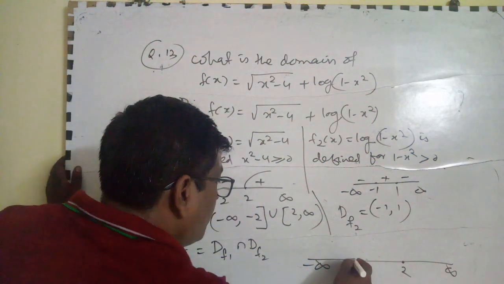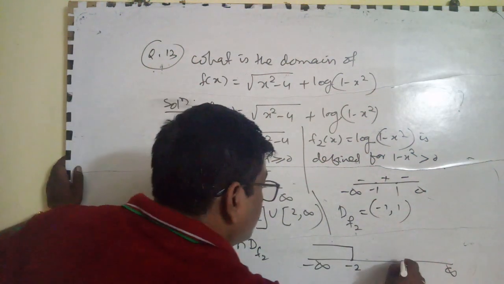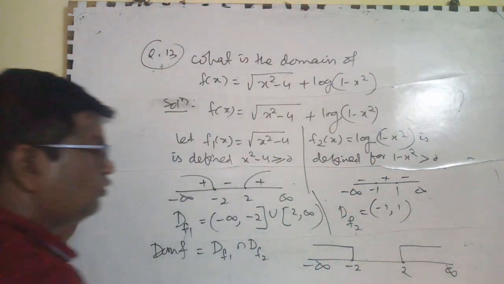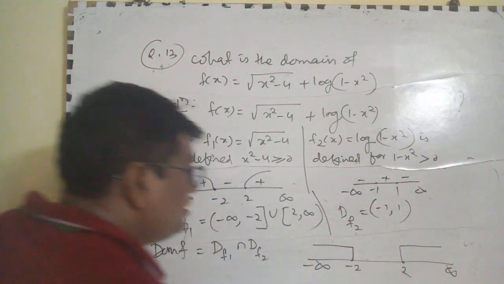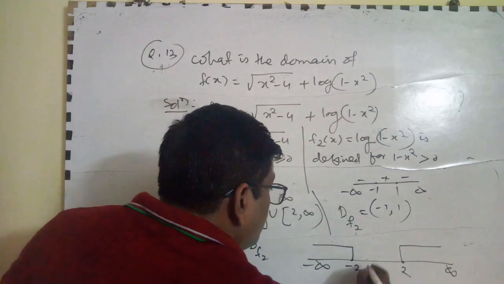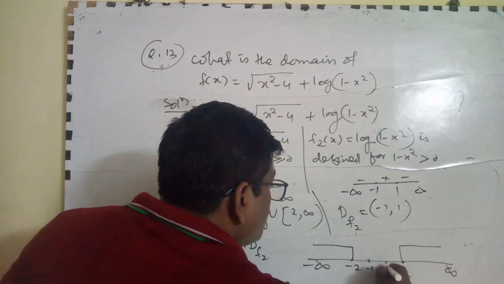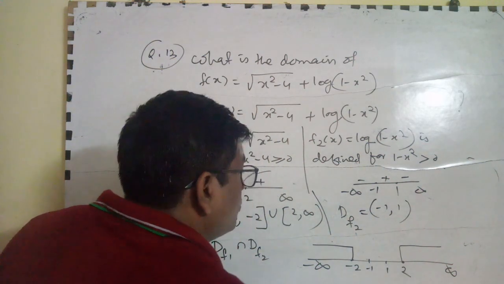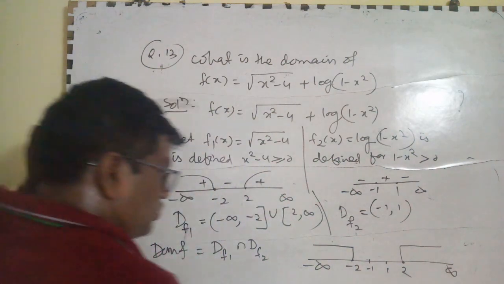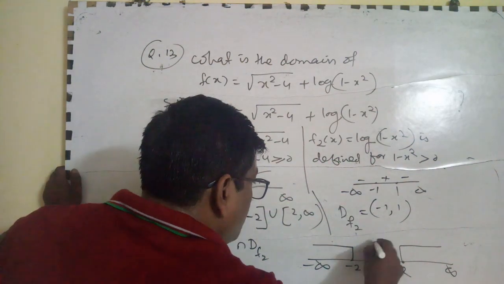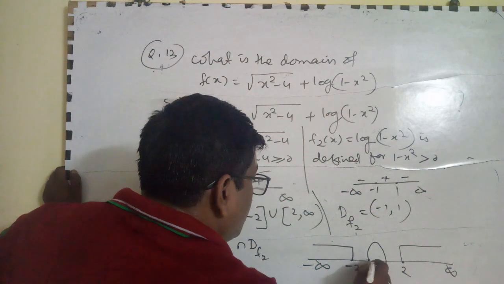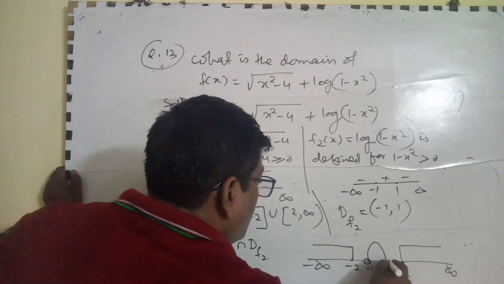This is df1, like a square to identify, and df2, this is minus 1 and this is plus 1. df2 lies between minus 1 to plus 1. Minus 1 and plus 1 both are excluded.